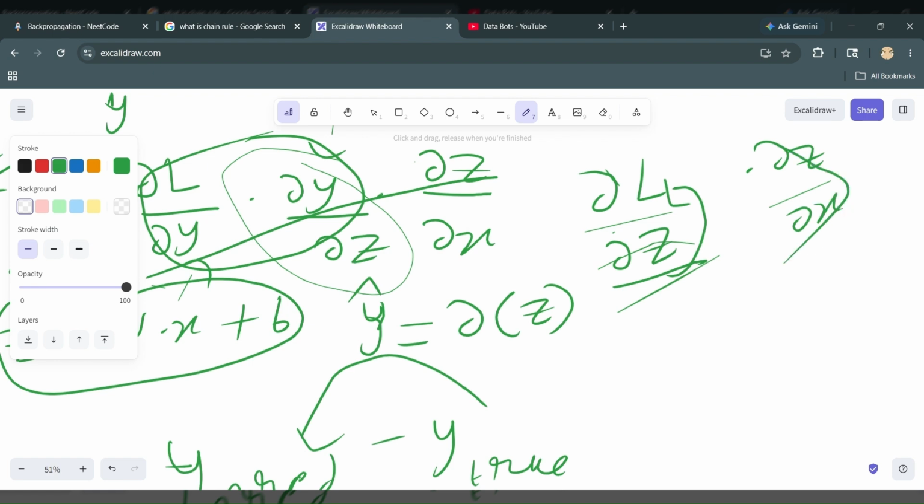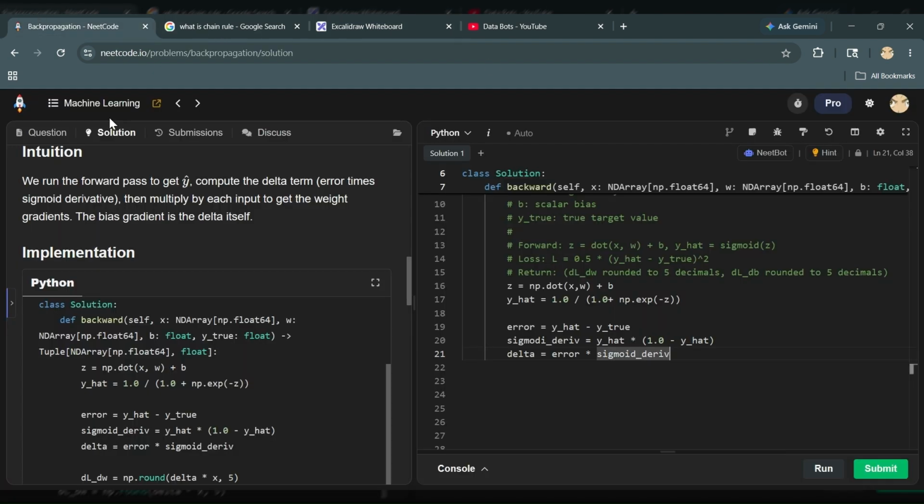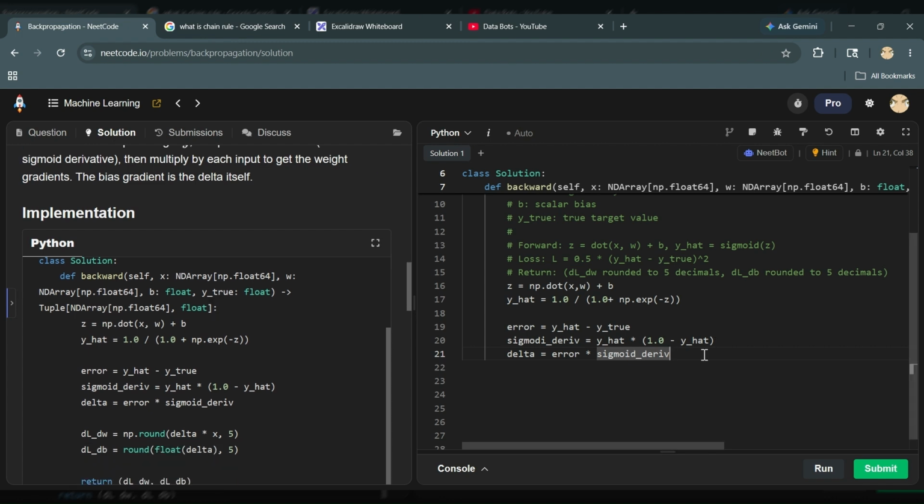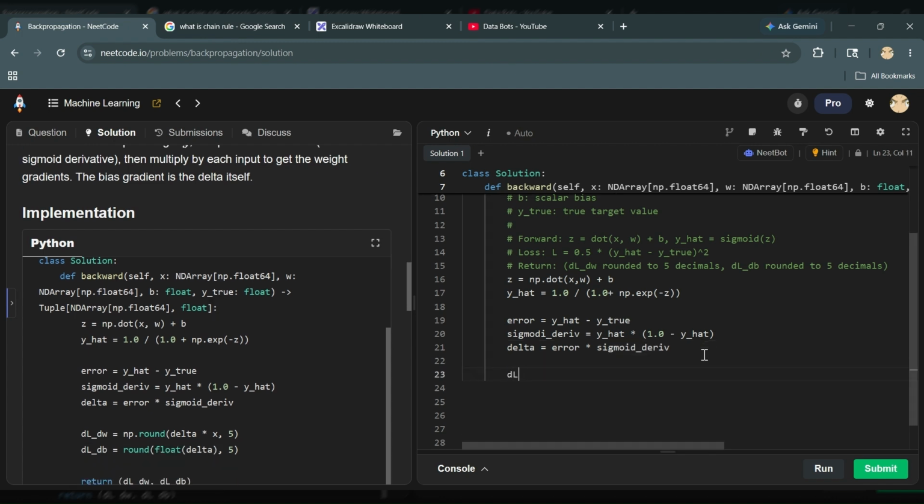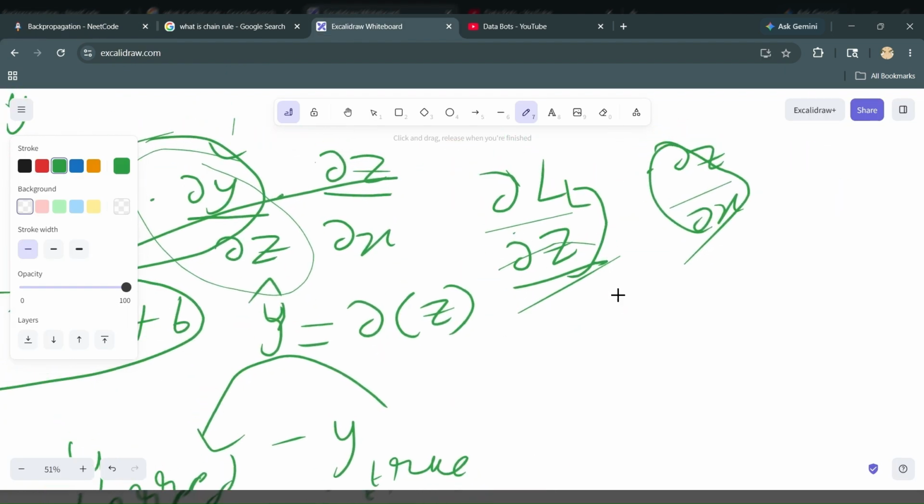So we need this value too, let's call it dL dw, and that will be np.dot of delta multiplied by x, comma 5. So very simple logic. This dz by dw is quite simple.